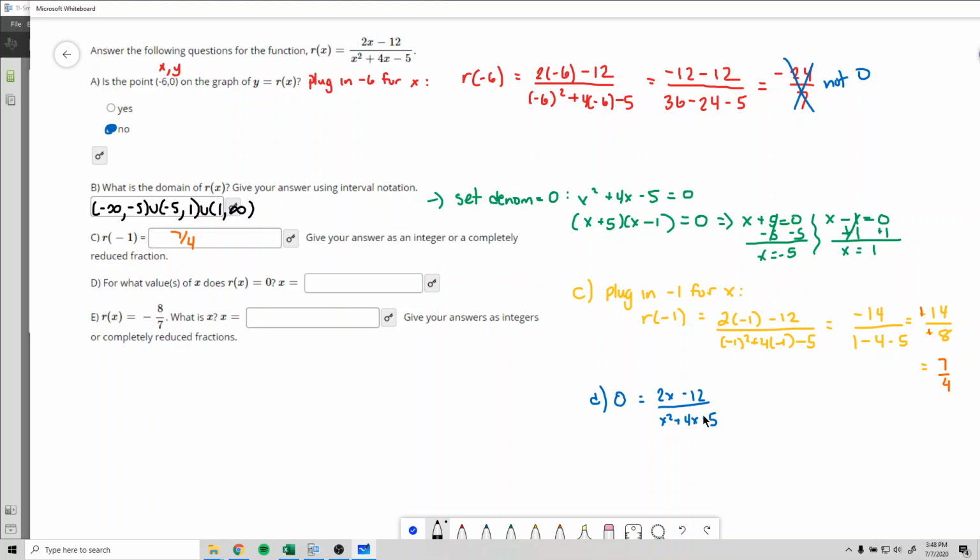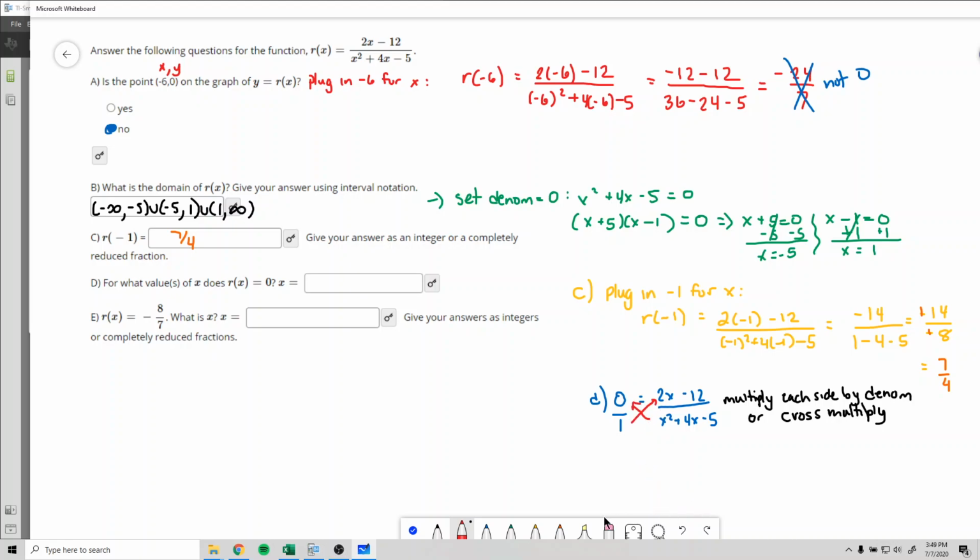Multiply each side by the denominator, so we multiply each side by x squared plus 4x minus 5. Or you can cross multiply, whichever one you prefer. Cross multiplying, when there's just one fraction on each side, is a lot better because it's going to be quicker. You just have to think about 0 being 0 over 1.